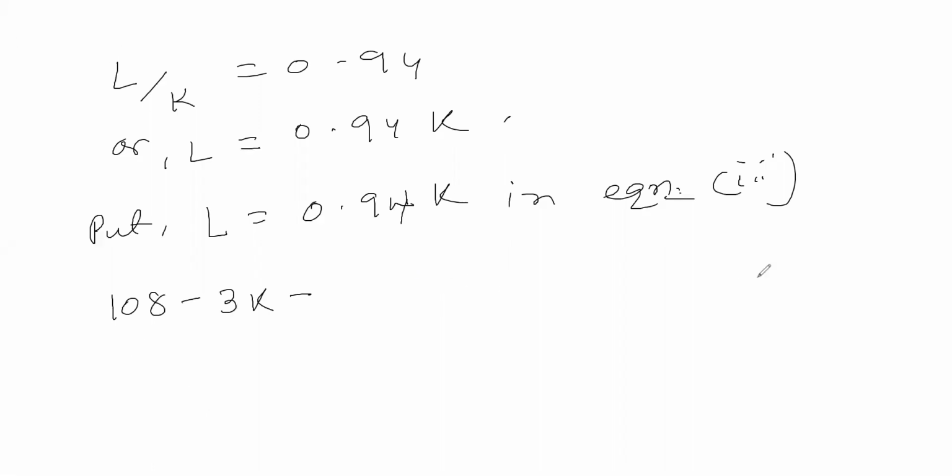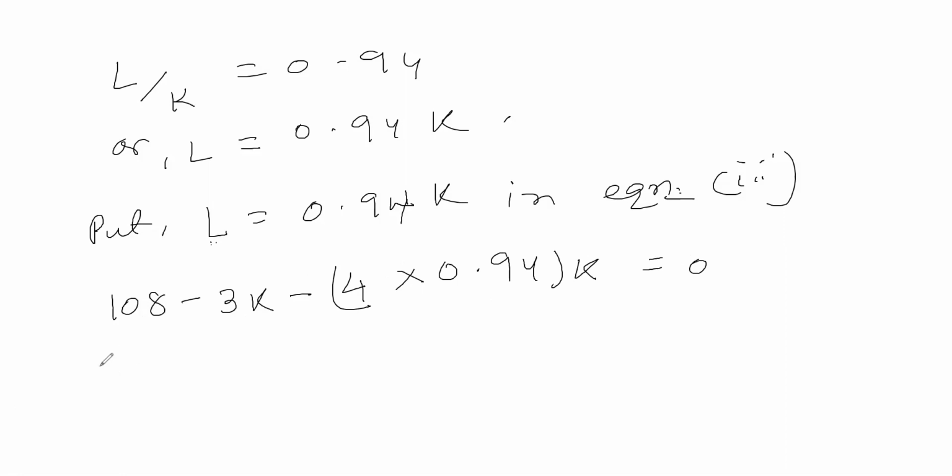Yes, I'm putting it in equation number 3, where there was 108 minus 3k, and instead of 4L, I'm putting this L here. So the 4L is simply 4 into 0.94k, and this was equal to 0.